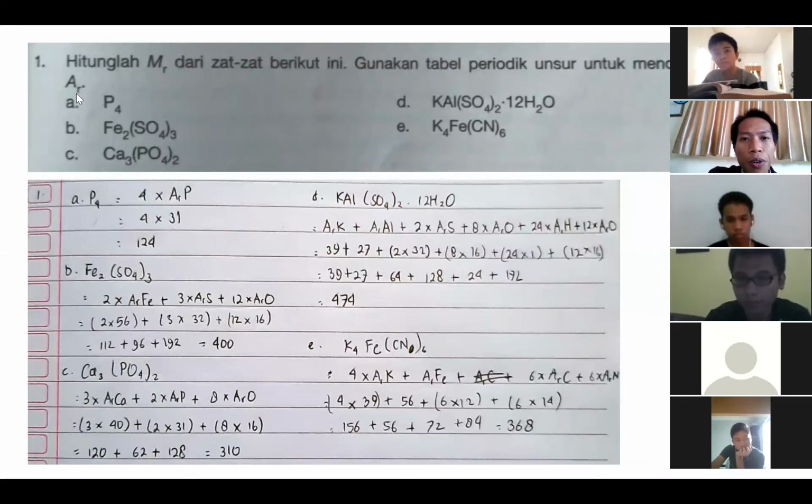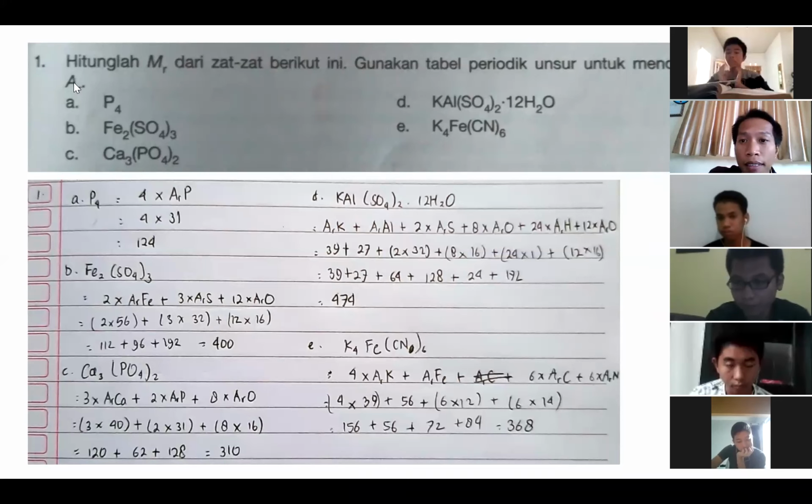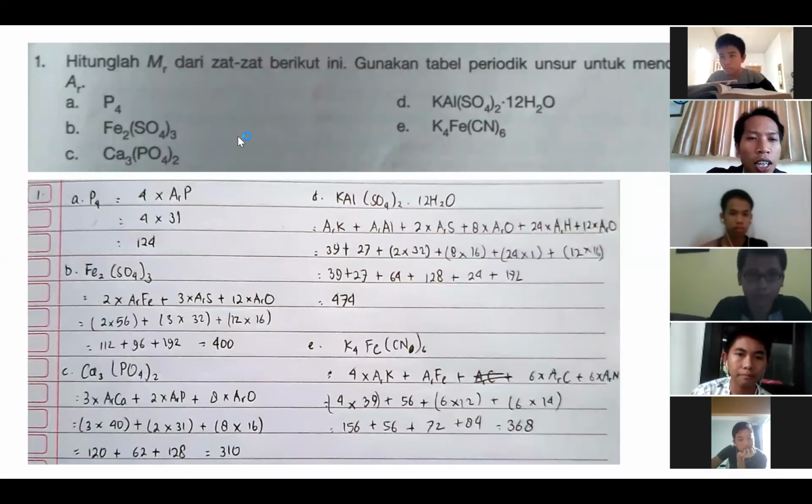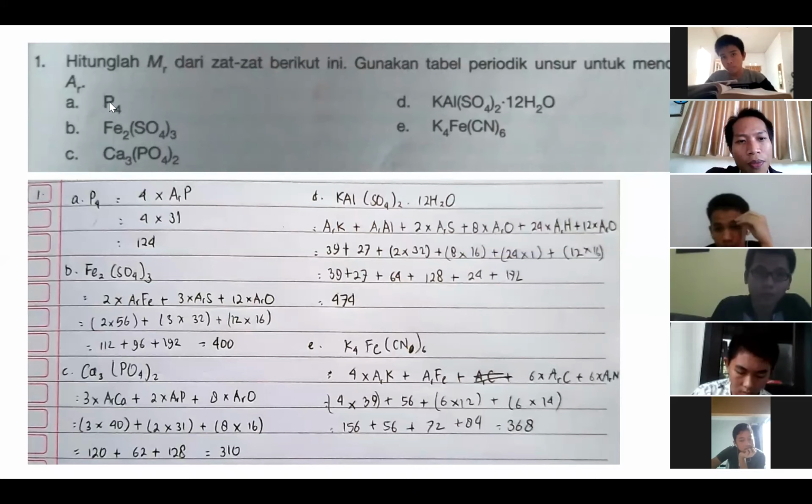If you know the relative atomic mass data, which you can get from the periodic table, then you just sum up those data, but there are some things you have to mention. For example, P4 here means 4 times the relative atomic mass of P. The relative atomic mass of P you can get from the periodic table. It is 31, so you will get the value of the relative molecular mass of P4.